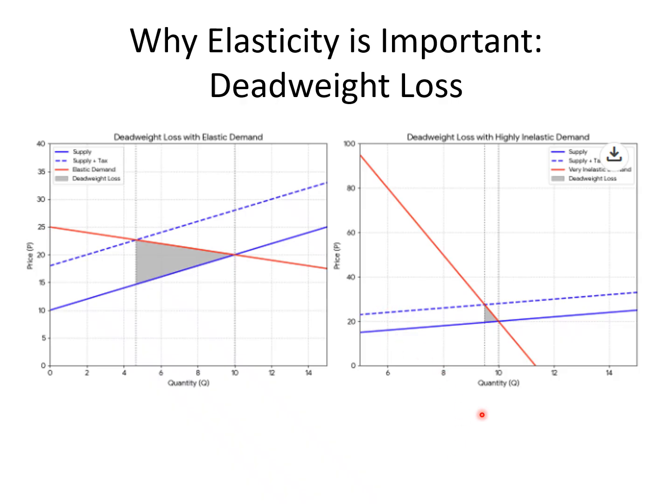And in this particular case, because behavior has not changed much, we have not affected the consumer and producer surplus as much, and it leads to a lower deadweight loss.